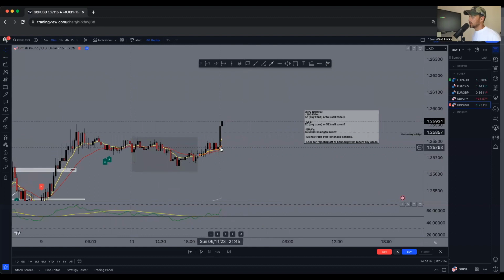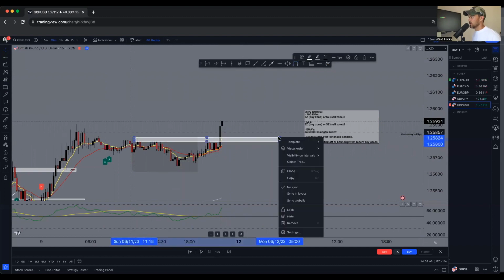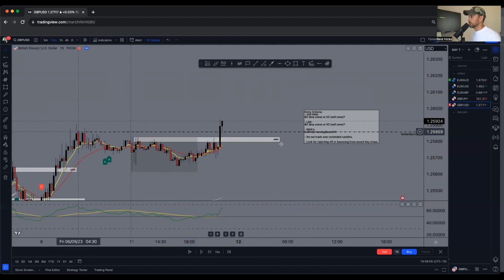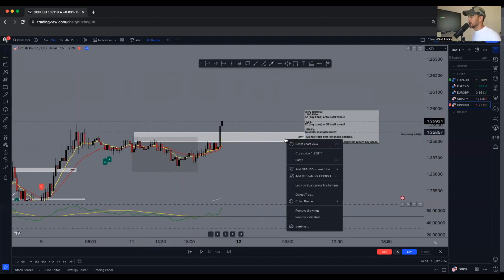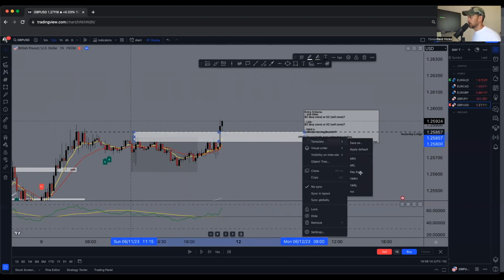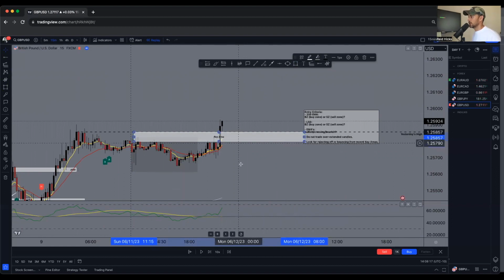I like to see strong bullish engulfing here. Next, I want to see a pullback. So this is the Asian range high. But this whole level from here to here, this is really the level. Yesterday's high, Asian range high. Overall, it's just a key level. So I'm going to write key area.